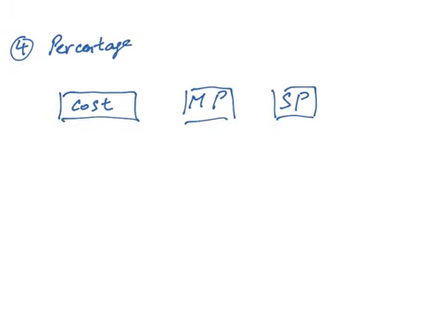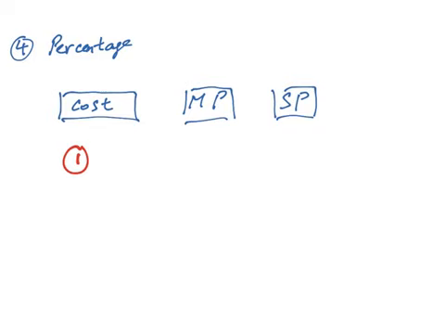Next is about percentage. We have 3 things: cost, mark price, and selling price. There are 3 important equations for percentage. The first one is about profit and loss.